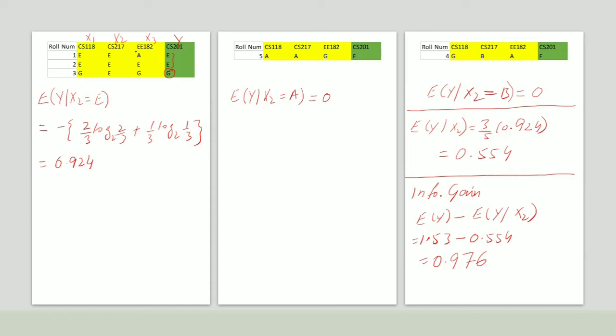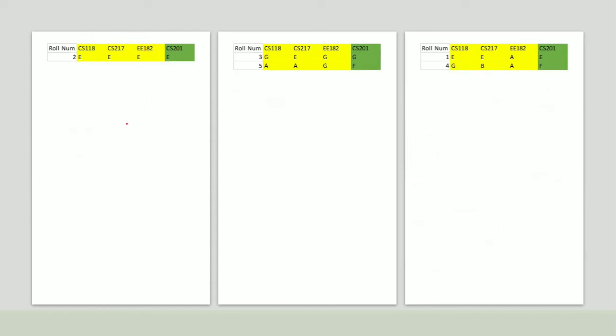Let's calculate this for the third column as well, and we'll see what we would do with this value to make the decision tree. So here, of course, I can see that I have partitioned this data based on the column EE182. In the first partition, the values are excellent. In the second partition, the values are good, and in the third partition, the values are average.